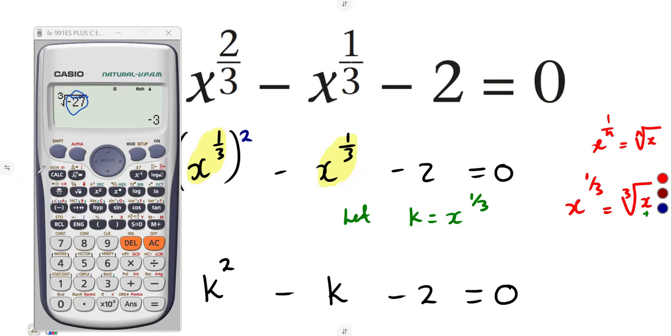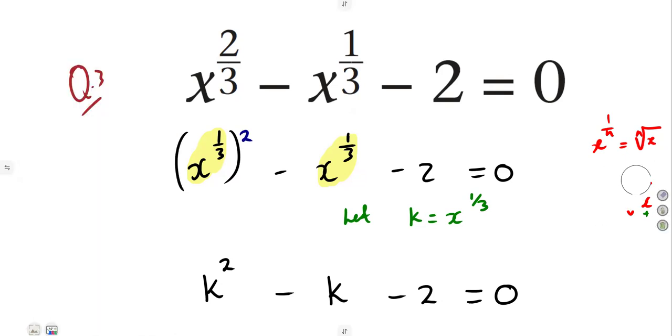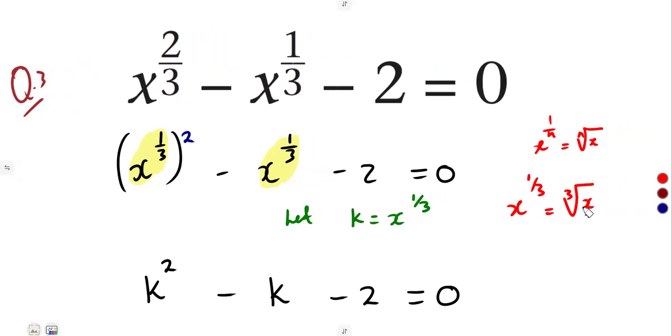It is possible. So meaning to say x to the exponent of 1 over 3, which represents the cube root of x, in our case it can be positive, it can be negative, because we can determine it from a positive or from a negative value.